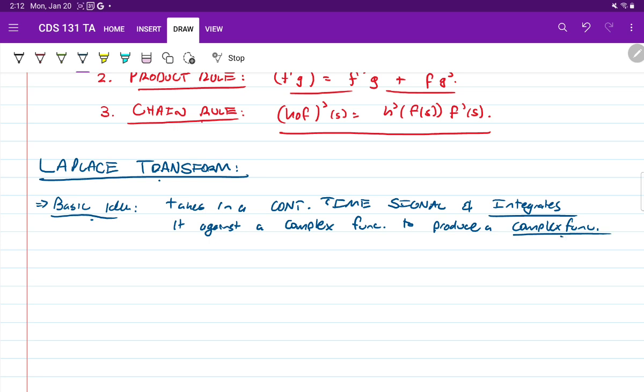Basically, what we do is take the product of our original continuous time signal with the complex function and integrate over all time. Since we've integrated out time, what we get back is a purely complex function.